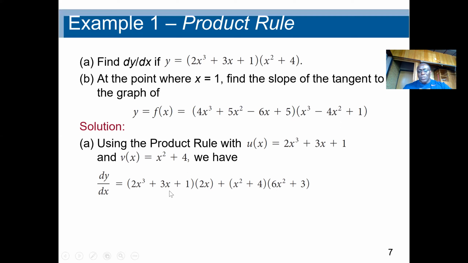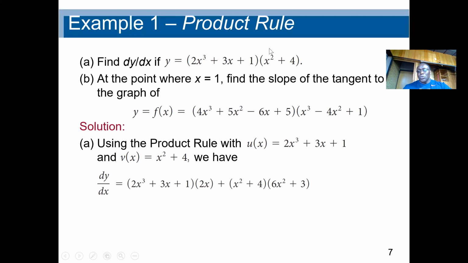So we get 2s squared plus 3s plus 1, because we are looking for the derivative of s squared plus 4. Derivative of s squared plus 4 will give me 2x. We know that rule already.